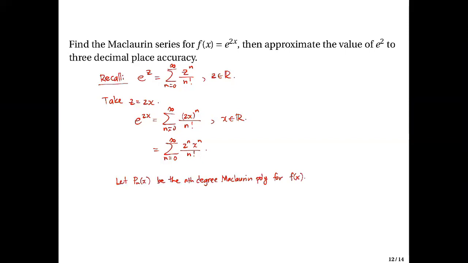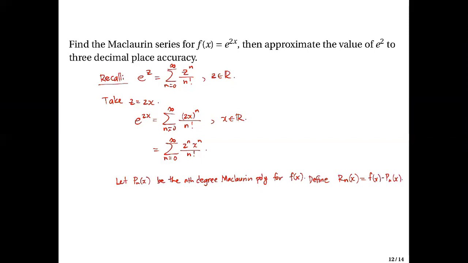And then, of course, we define the error, define r sub n of x to be equal to f of x minus p sub n of x.